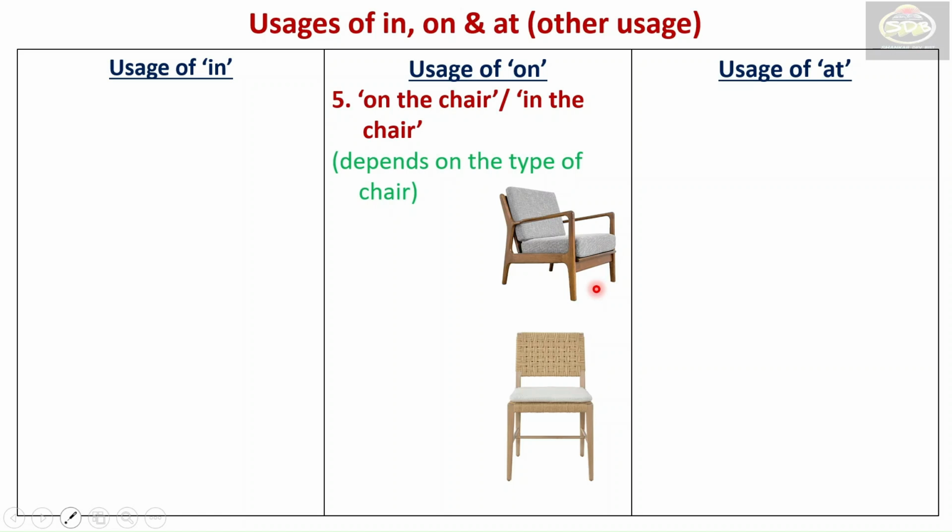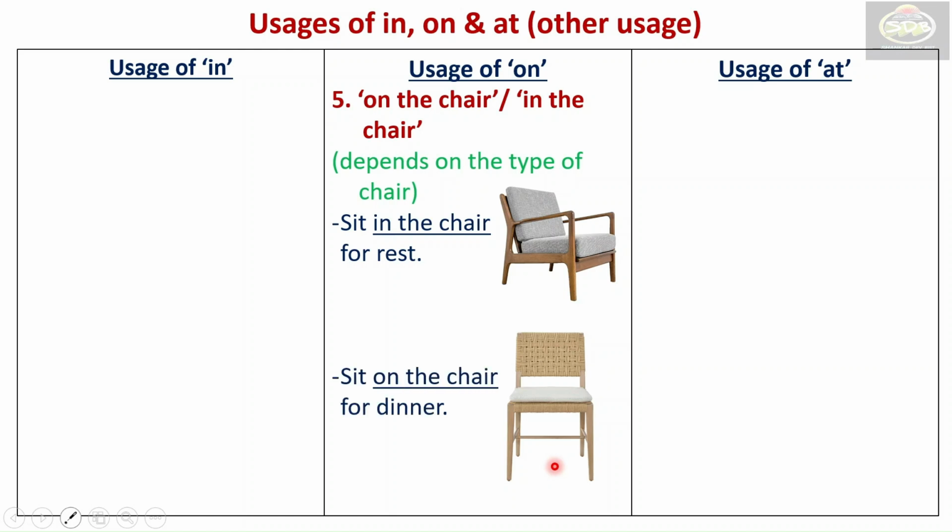If we are talking about this type of chair, an armchair, then we say sit in the chair for rest. In the chair. But in another picture, this chair is armless. This is open actually. Therefore, we can say sit on the chair for dinner. On the chair. If the chair is like this, in the chair, and for this type of chair, on the chair.